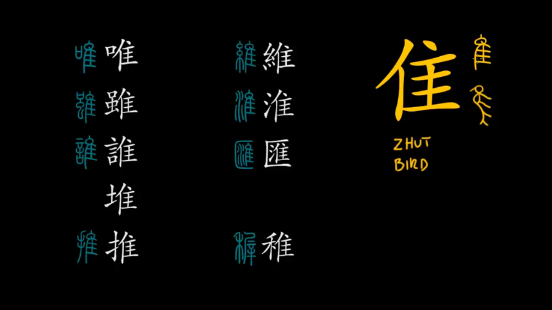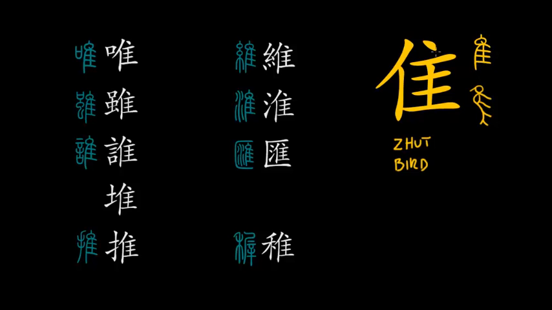And then in the next step, we can see the regular script version of this character, which would be probably about the 3rd, 4th, 5th, 6th century AD, but it's really hard to tell because it was just gradually emerging and gradually being used in writing. As you can see, that's a simplification and a formatted version of the seal script.